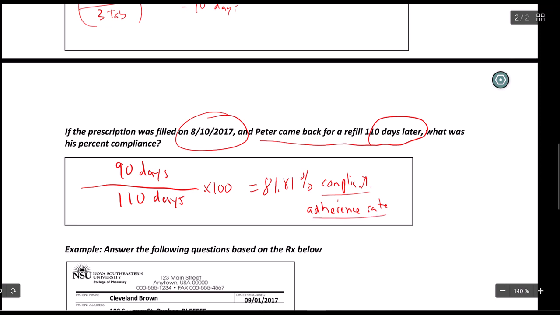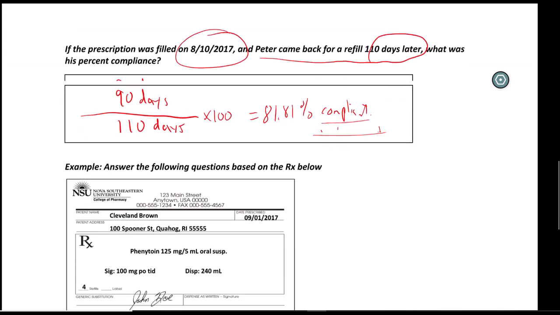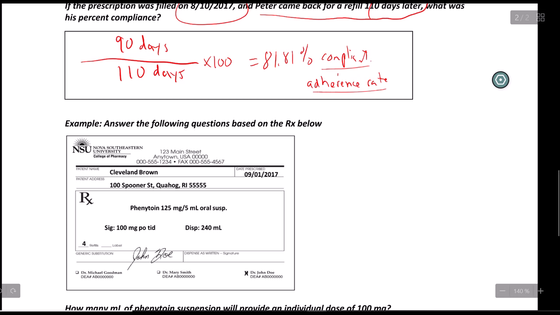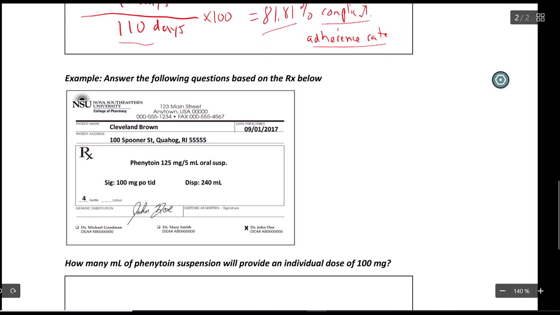So you can see that the person's about 81.81%. So when you did a refill on somebody or a person who's coming in looking for refills, you can look down and see what their compliance rate is and see that they're 81% compliant, and that might trigger you to ask more questions of the patient. Or in a computer system, you know to call this person because already 110 days went by, you know that they need a refill. Maybe they didn't know that they needed a refill.